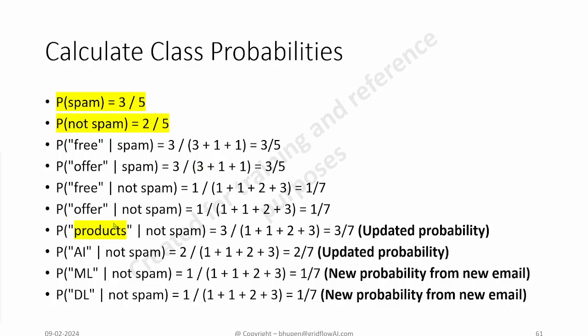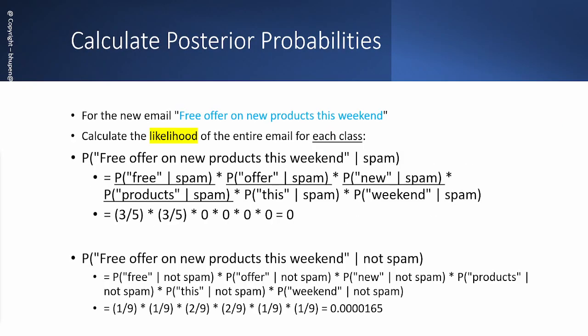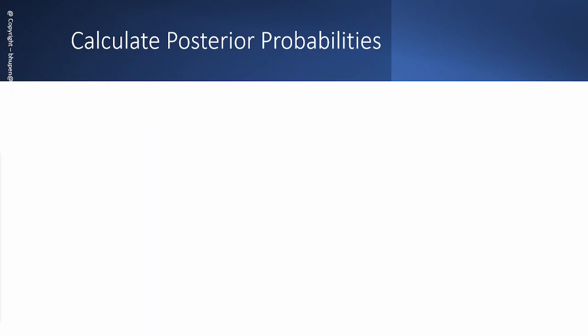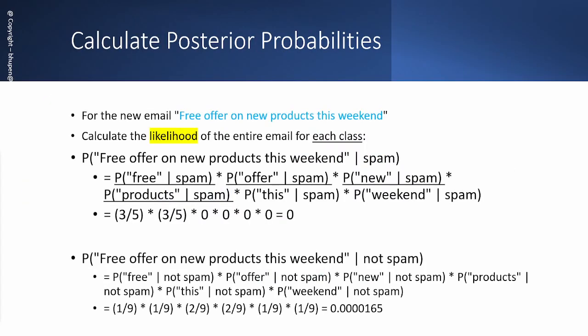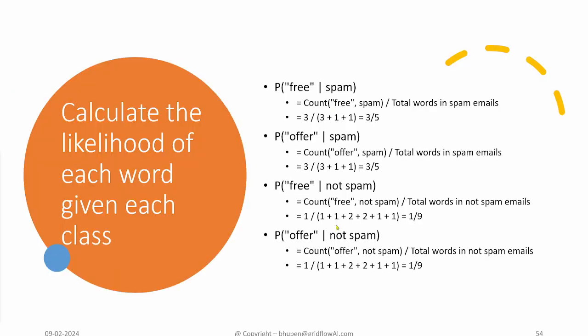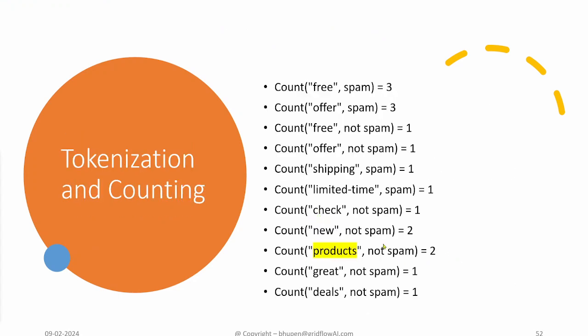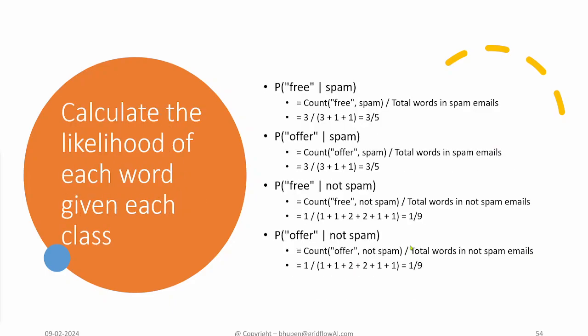And after that, notice here the products, which was actually 2. Let me go back to the previous computation. So when we computed the product, that was 2 here. Look at the count was 2 in the previous data set.